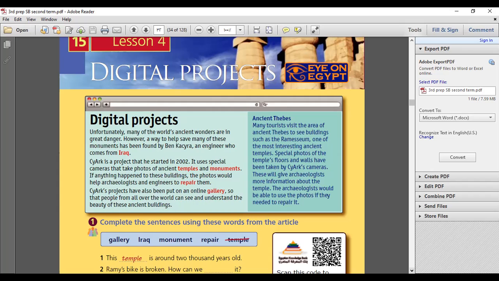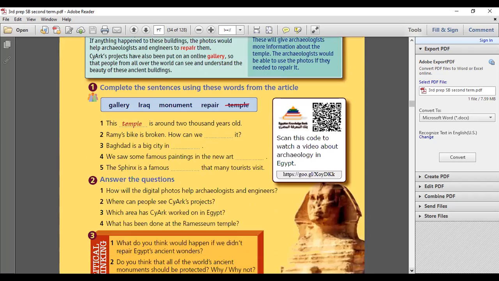Super excellent. Now complete with these words: gallery, Iraq, monument, repair, temple. The temple is around 2,000 years old. Number 2. Ram's bike is broken. How can we repair it? Number 3.